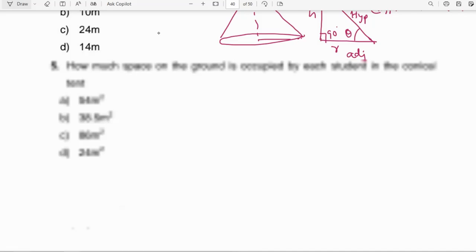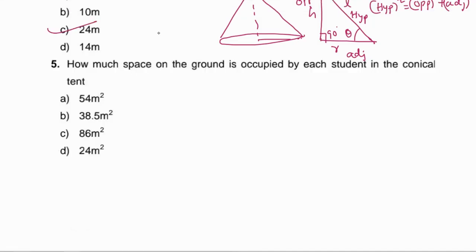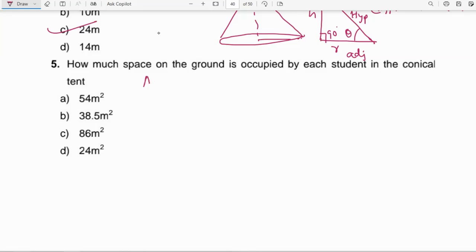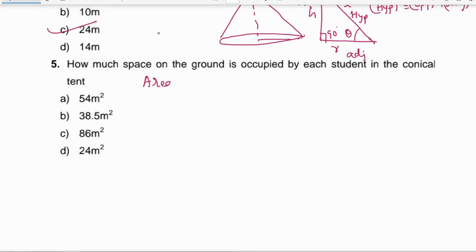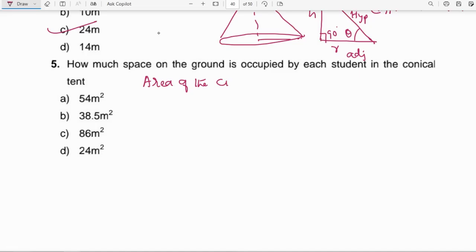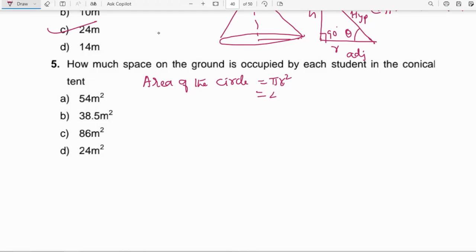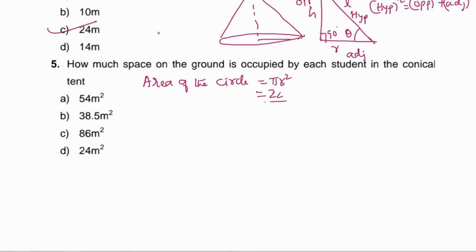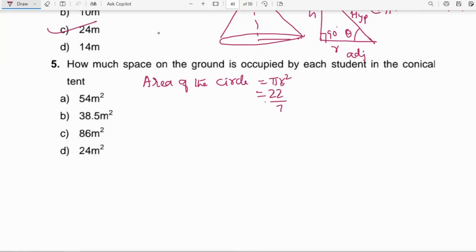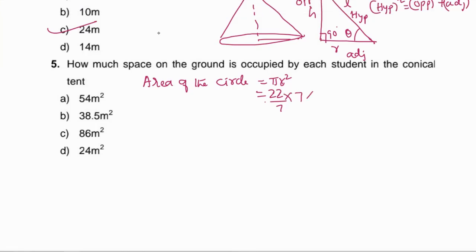The next one: how much space on the ground is occupied by each student in a conical tent? So we have to find what is the space, means area. So here we have to find the area of a circle. Area of circle is pi r square. Pi is 22 by 7 into r is 7 into 7.